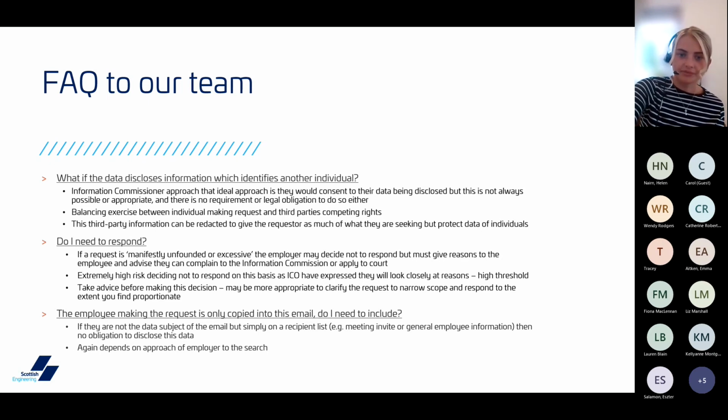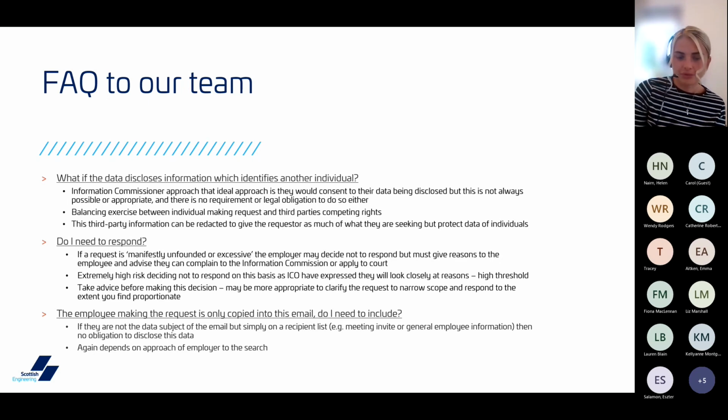But obviously, while this is the ideal situation, it's not always possible or appropriate. So it really is just a balancing exercise between the rights of the individual making the request and then the third party whose data has been disclosed and their competing rights.